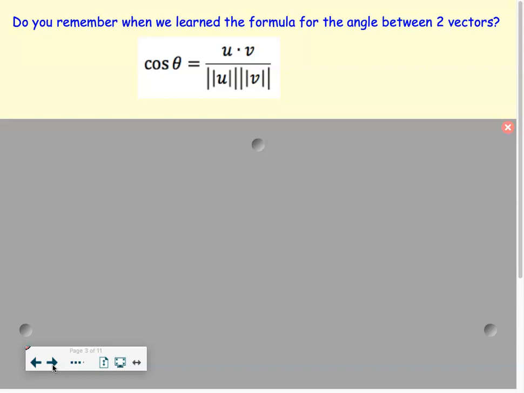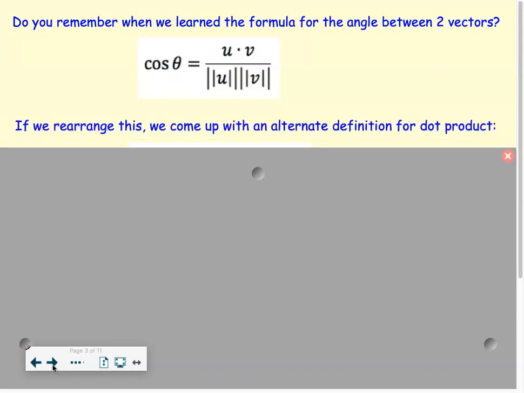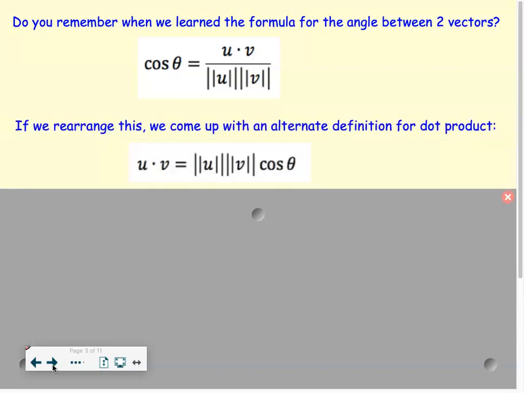Does that ring a bell? Yes. Good. So I'm going to slowly walk you through this. If we rearrange, we get a new formula for dot product, which we did in chapter 12. So u dot v equals the magnitude of u times the magnitude of v times the cosine of the angle between the vectors, right?